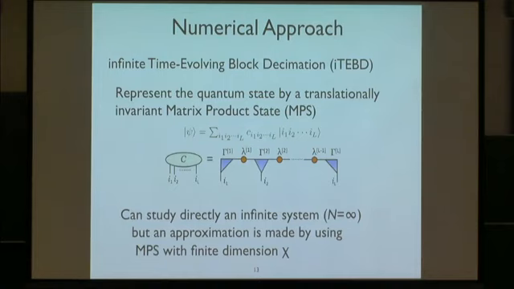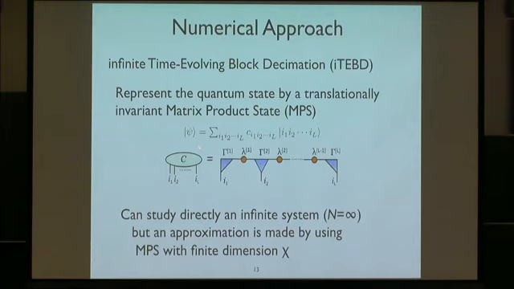So we resorted to some numerical analysis. These days you can use iTEBD or iDMRG, and we happen to use the so-called iTEBD, the infinite time-evolving block decimation invented by Guifré Vidal. Basically this formulation is based on the matrix product state representation of a 1D quantum state.